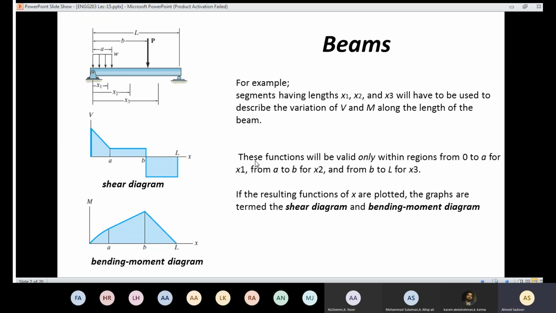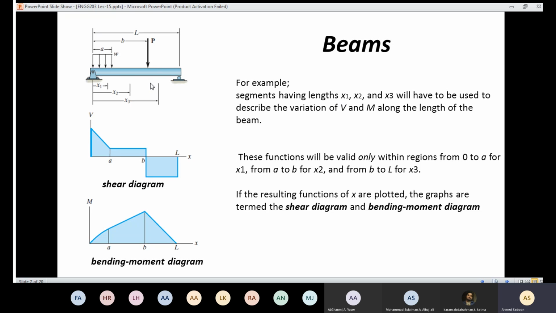For example, we are going to have three segments. We are going to have x1 for that segment from here to here. Then from here to here, I'm going to have x2 for that region. And for that region, I'm going to have x3.